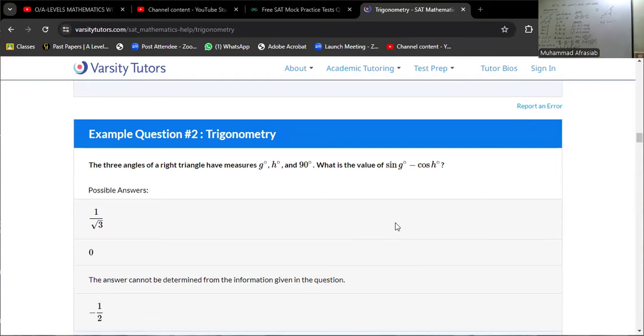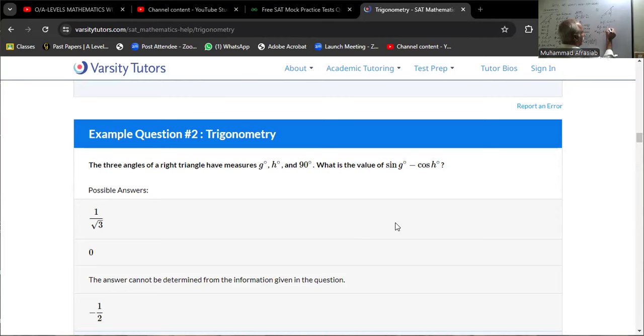So you have seen that G and H are unknown angles, but we have trigonometric ratios with the help of this property that sine of A is equal to cos of 90 minus A and cos of 90 minus A is equal to sine of 90 minus A. So we can write here that sine of G degree is equal to cos of H degree, or cos of G degree is equal to sine of H degree.